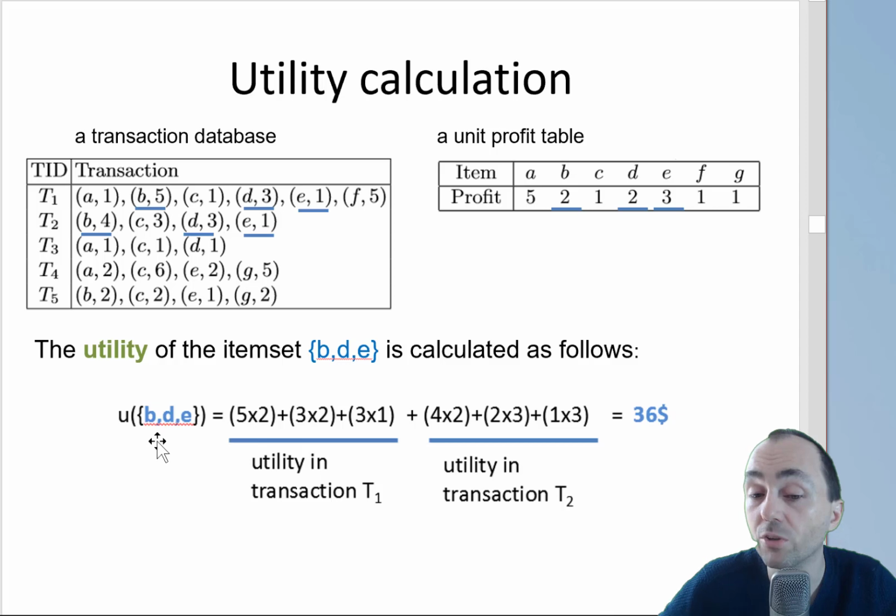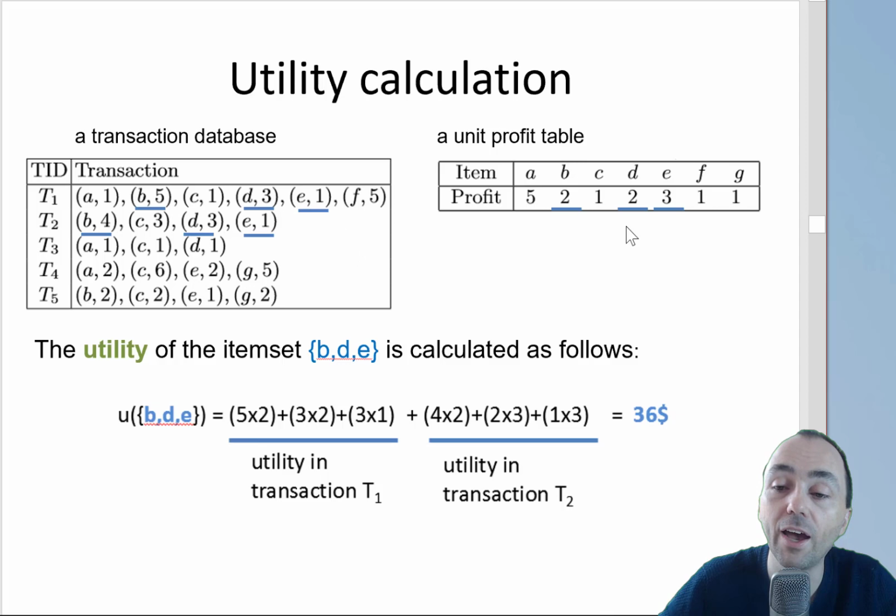So to calculate the utility of BDE, we look for the transactions that contain BDE together. So here we have 5 bread for $2 each, so 5 multiplied by 2. Here we have 3 dates for $2 each, so 3 multiplied by 2.